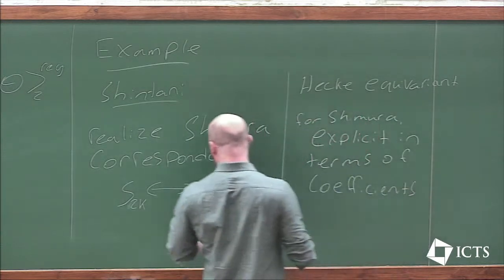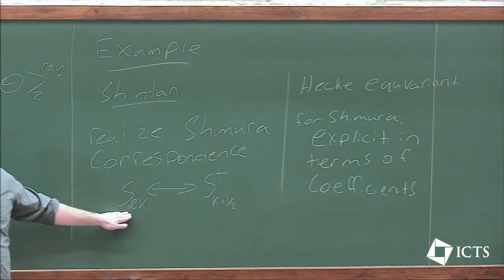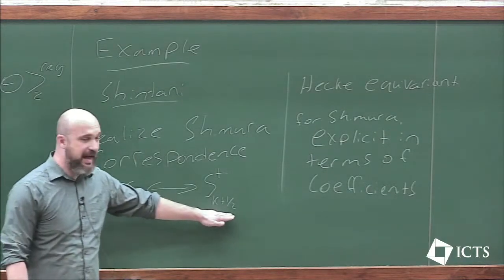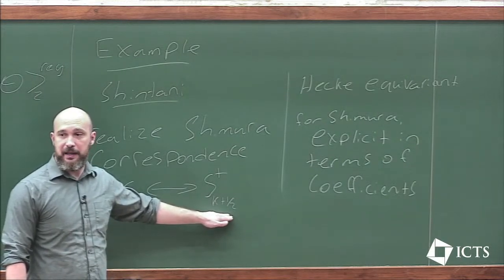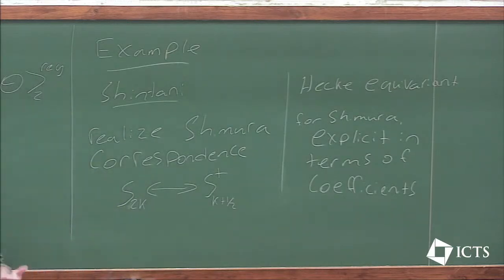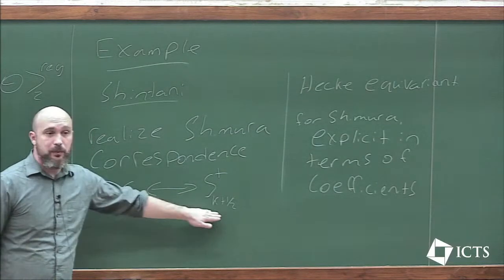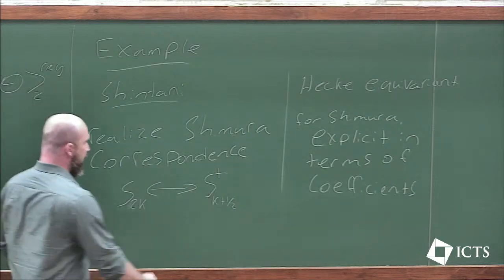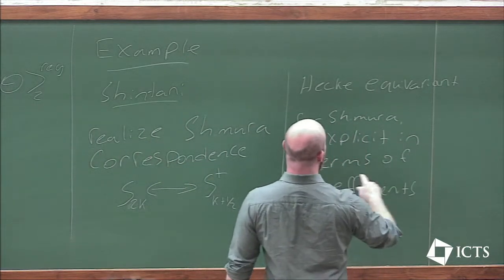Now remember, when I talked about Hecke operators, I focused on the integer weight Hecke operators. I didn't talk very much about the half integer weight Hecke operators. The formulas for those are a little bit more complicated, but all of the same results hold as far as the fact that they commute with each other, and the multiplication rule is the same between these two spaces.